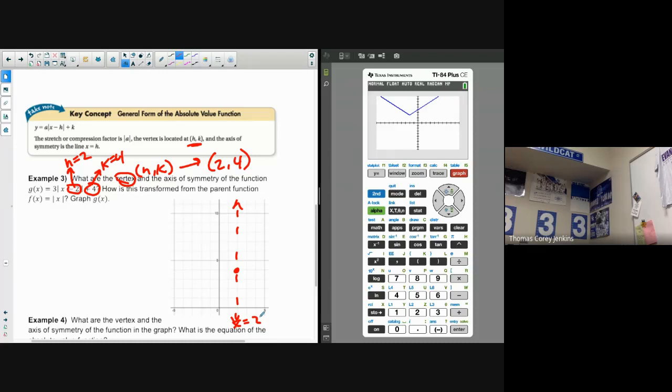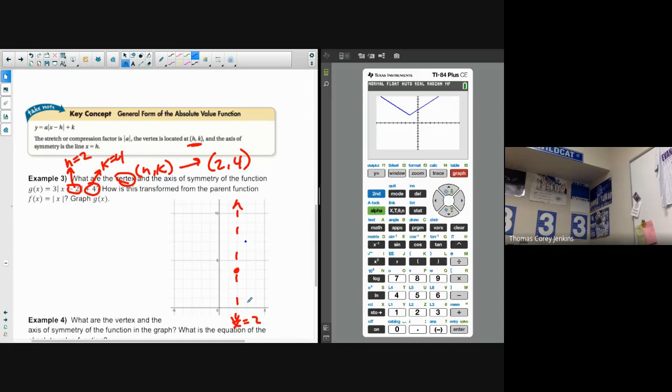And so then the last part is, what does the 3 do, right? So 3 is going to stretch it, okay? So remember, if this were just a positive 1, I would have a point here and a point here, right? But if I multiply that by 3, if I stretch it by 3, then it's not going to go here. It's going to go, here, times 3, right? So it would go right there at, what's that point? 3, comma 7, right?